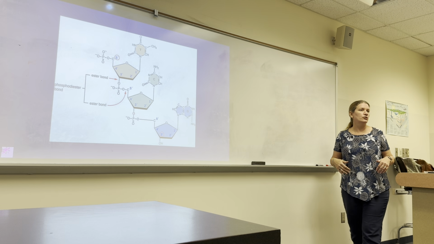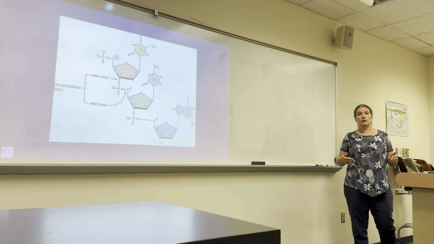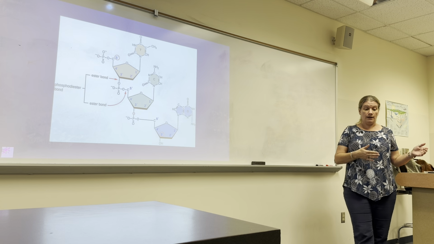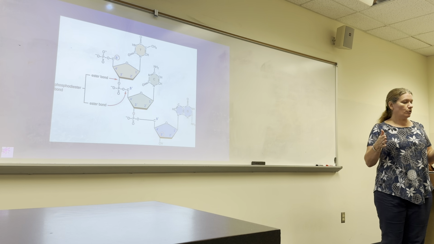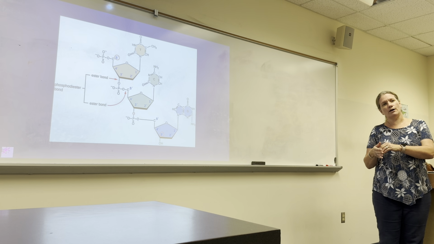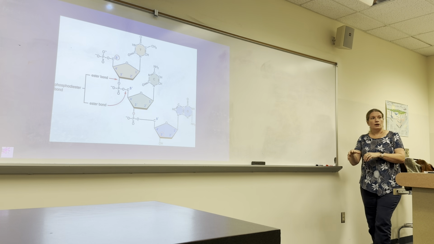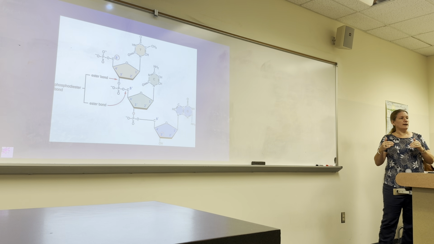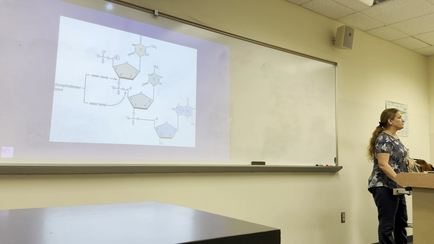We'll do that later in the term with the lab. Electrophoresis uses electric current, and so we want to make sure we set up the current so our negatively charged DNA is going to move towards the positively charged electrode, the anode, because of that charge attraction.